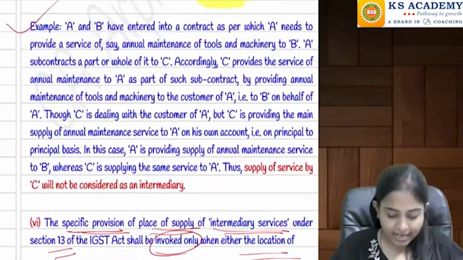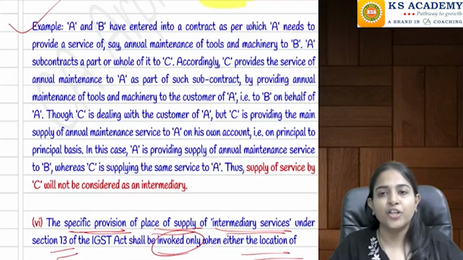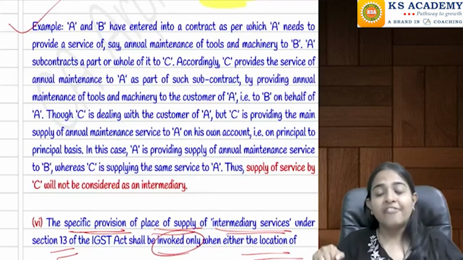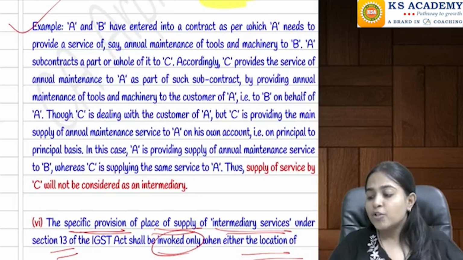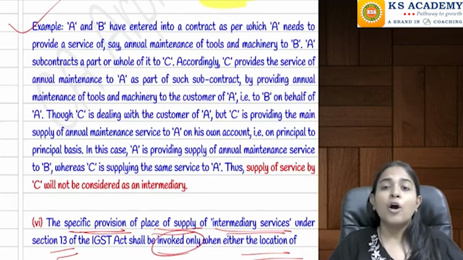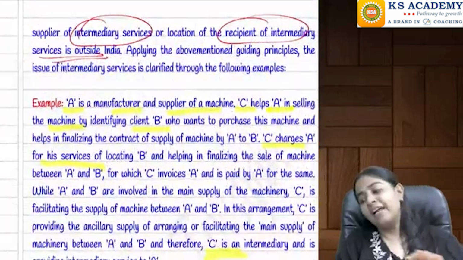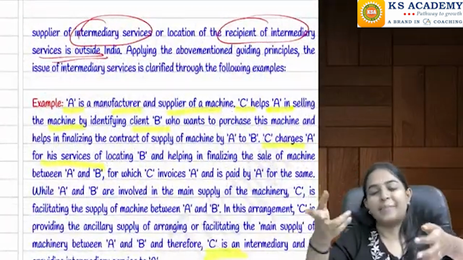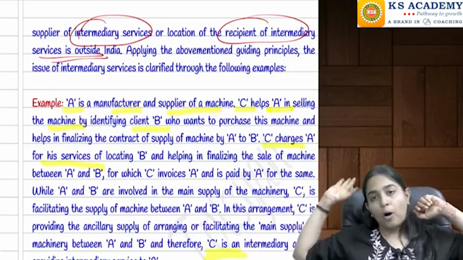And the last one, this specific provision of intermediary service will be invoked. This we have studied in section number 13, right? So when are you going to apply these provisions? Only when section 13 is applicable. And when is section number 13 applicable? When either the supplier or the recipient, any one of them, is situated outside India.